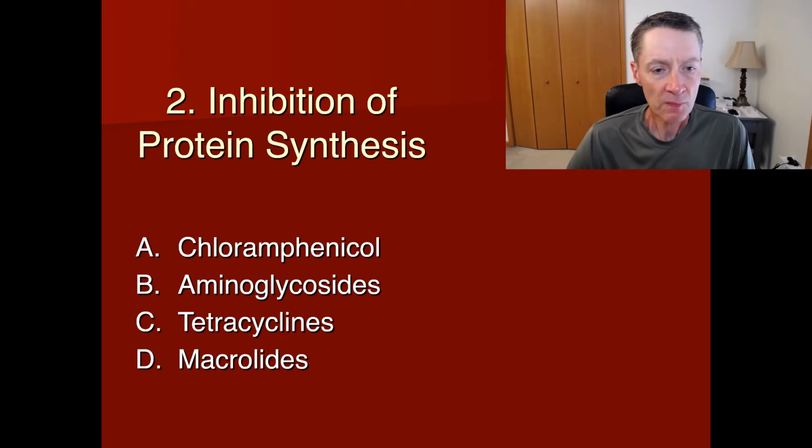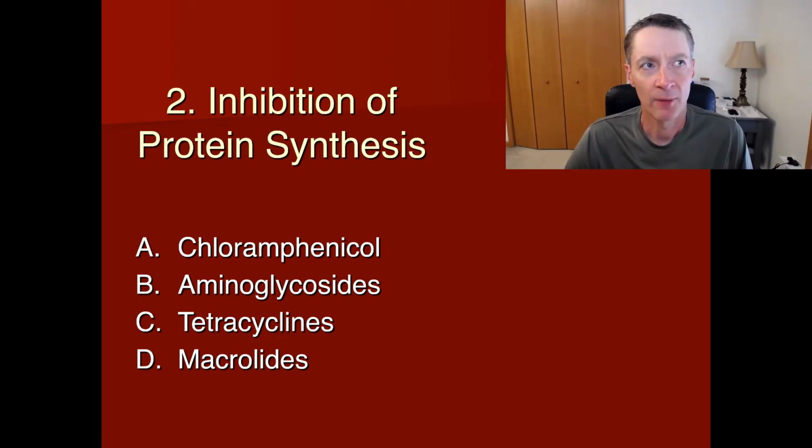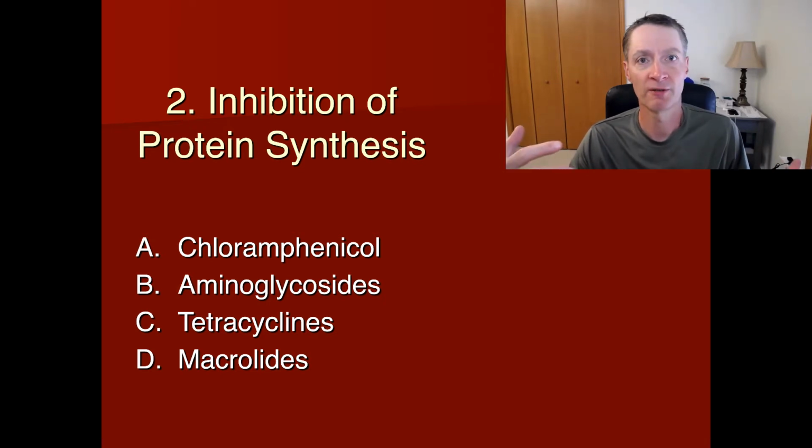Now, we will find that with some of these subgroups, the actual name of the subgroup is the name of an antibiotic, so you don't actually have to know all sorts of other different names for every subgroup. In this particular case, with a protein synthesis inhibitor, think about how maybe you might be put on a cell wall antibiotic, and maybe it's not effective, let's say.